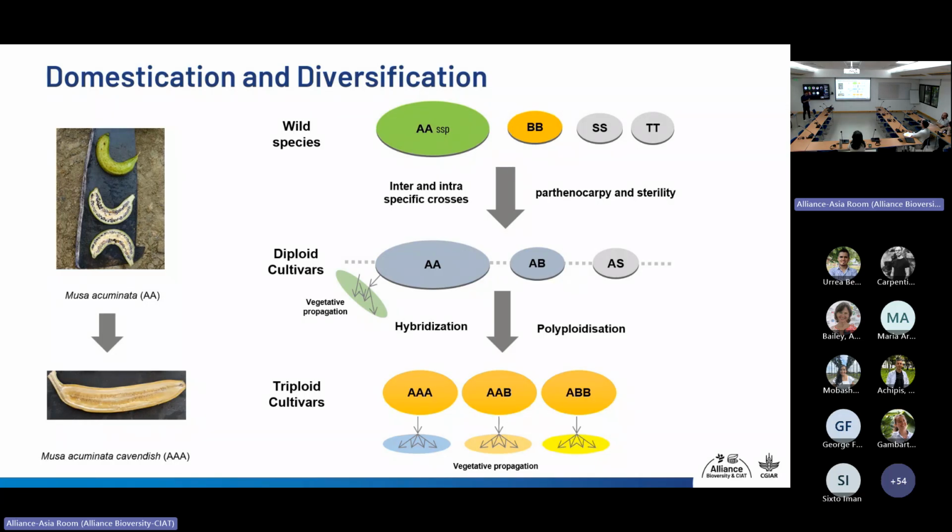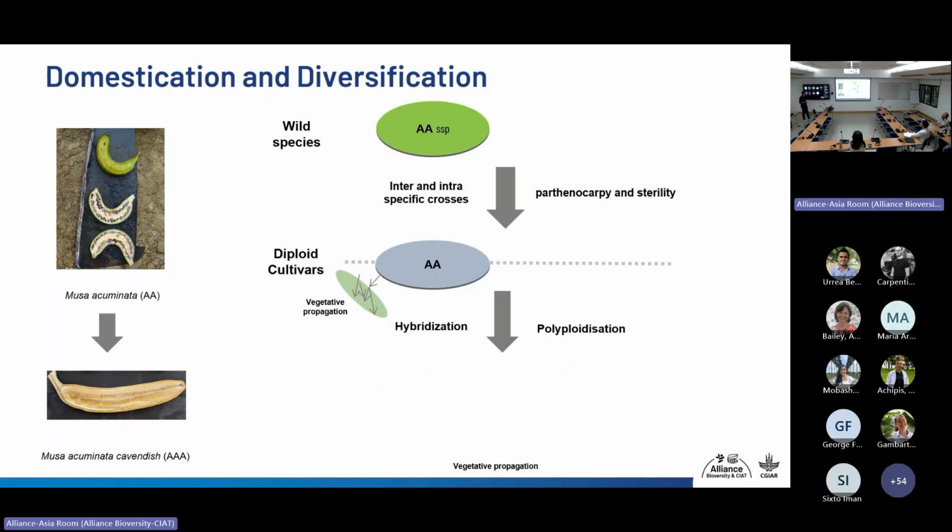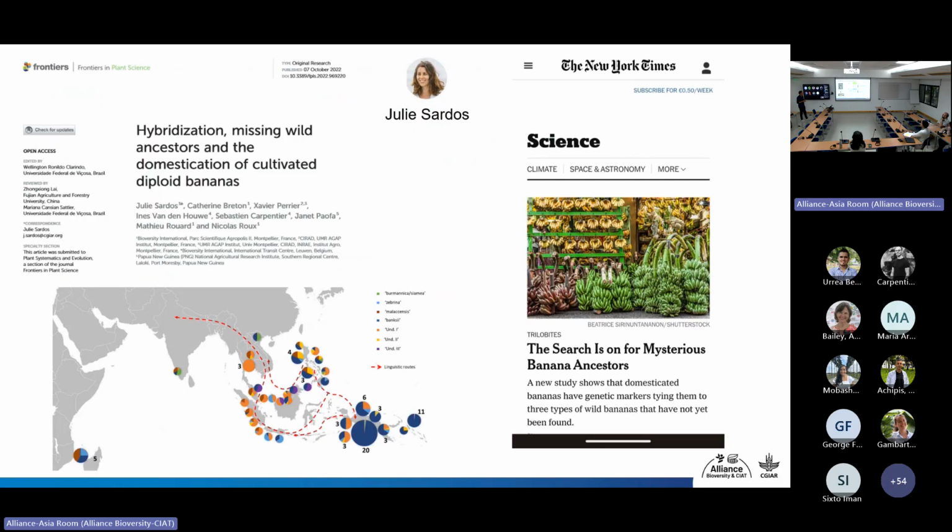And some years ago, we were very much interested to better understand the transition between the wild and the diploid edible bananas. So my colleague Julie Sardos conducted this study that was published and that looked at the history of hybridization in cultivated edible banana originating from Musa acuminata, the AA bananas.